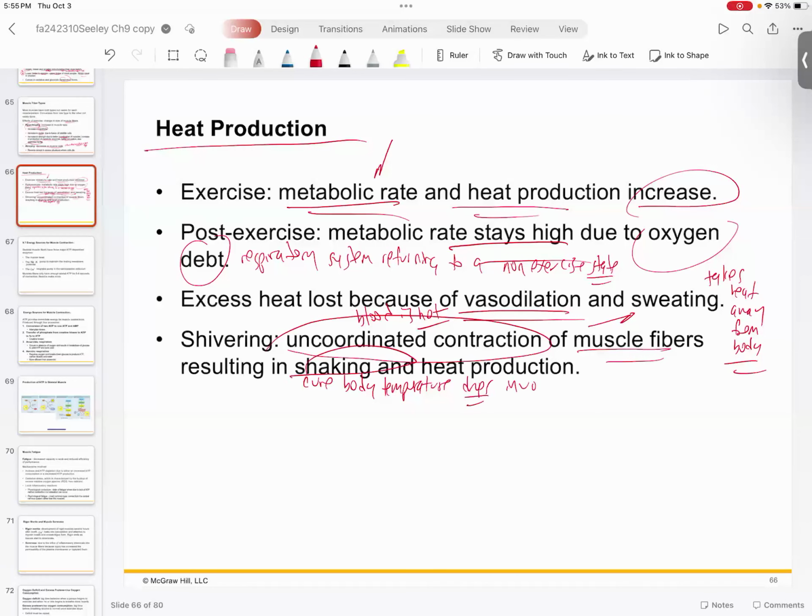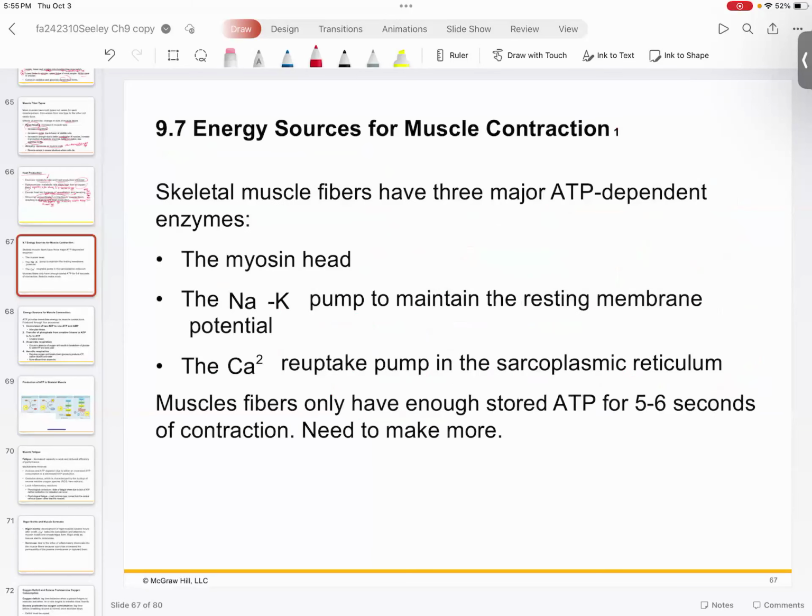So this is involuntary contraction that's designed to create heat. So you create that heat and you're going to warm up your body, because your skeletal muscle is basically the primary place where you create most of your body heat. And so that's basically how your muscles are involved in the core heat regulation of your body.